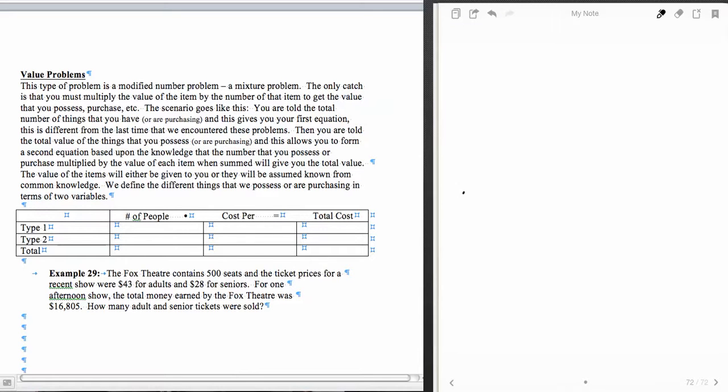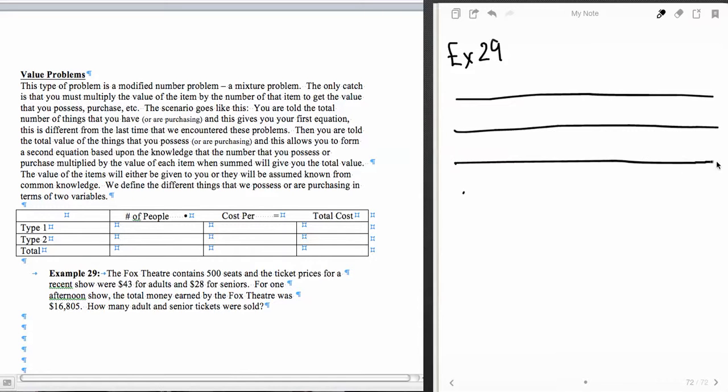So let's go ahead and take a look at example number 29 and see how this scenario is going to work for us. So I'm going to set up the table here, and in this table I'm going to have whatever these things are talking about, and then my independent values, and then my dependent, or my rate of change, and then my grand total, or my total values.